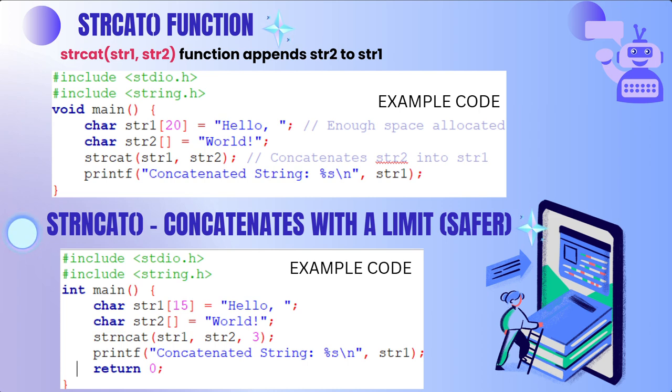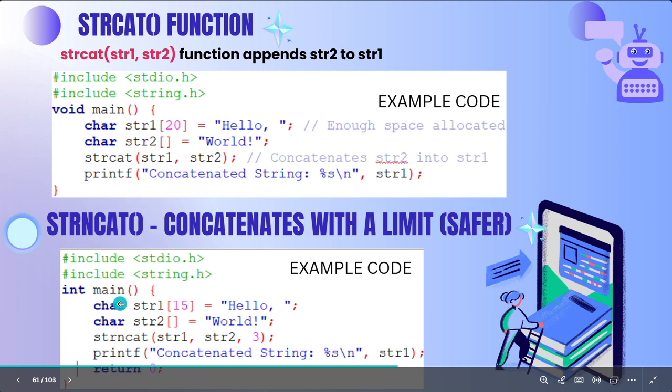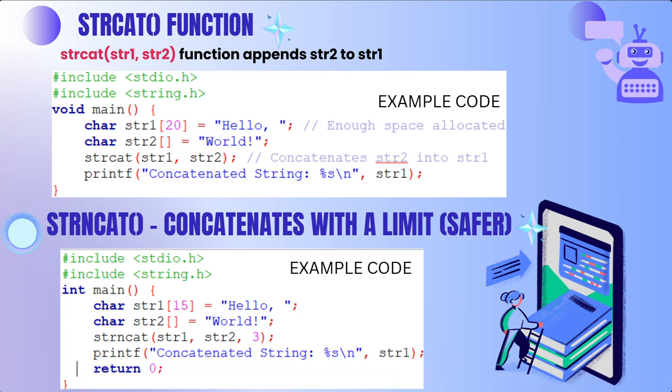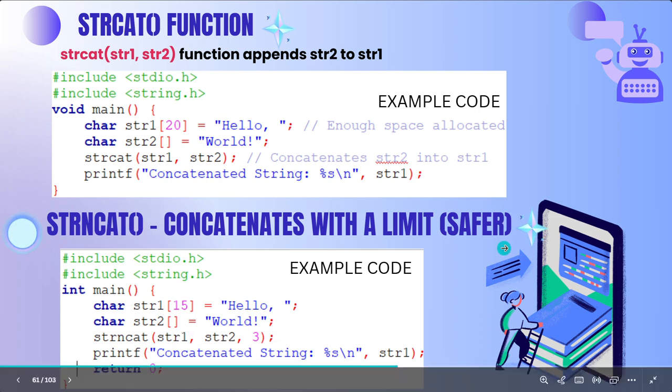We will understand the difference later. Now let's look at the code. This concatenates string str2 to str1. Hello world, this is, and then strcat concatenates str2 to str1. So in the end, when we are printing it, it is going to print hello world. Over here, in the second program, the same thing is taking place. So moving on.